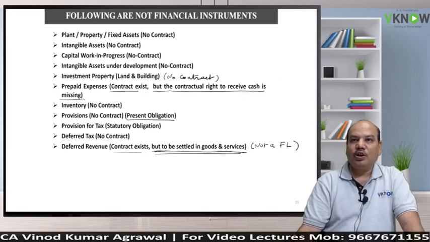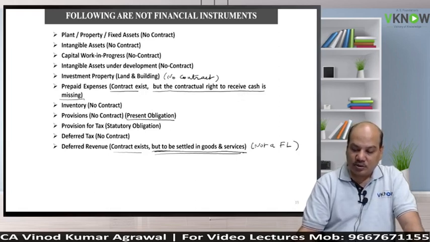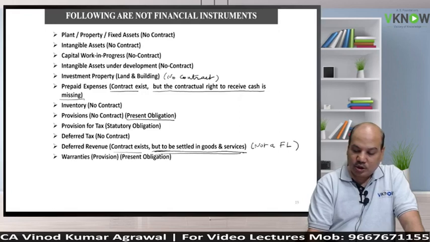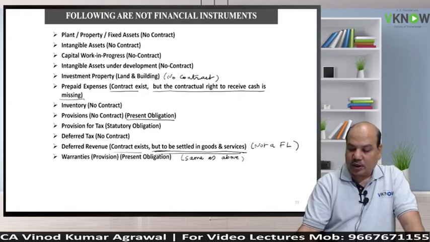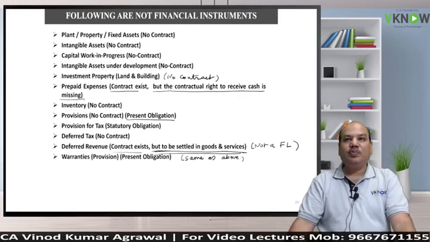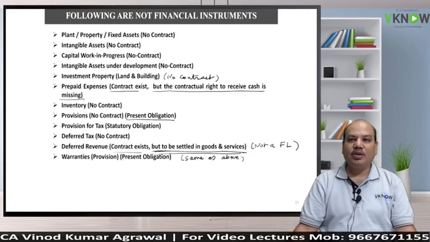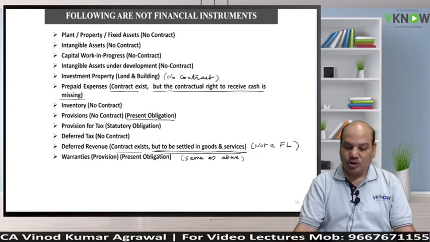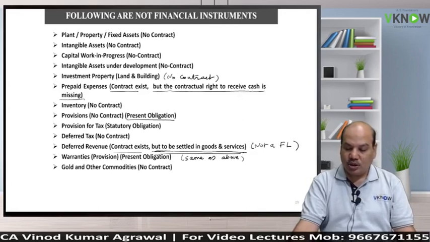It does not fit into the definition of financial liability. Then next is warranties. Warranties also write down same as above. There is a contract to repair or replace, but it is settled in goods or service, not in cash. Then gold and other commodity, no contract.